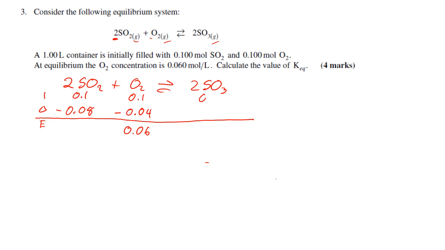This one starts off at 0, and this one is going to increase, because it's on the other side of the equation, and since it's going to increase twice as much as oxygen decreases, this is going to increase by 0.08. So 0.1 minus 0.08 is 0.02, and 0.08. Okay.